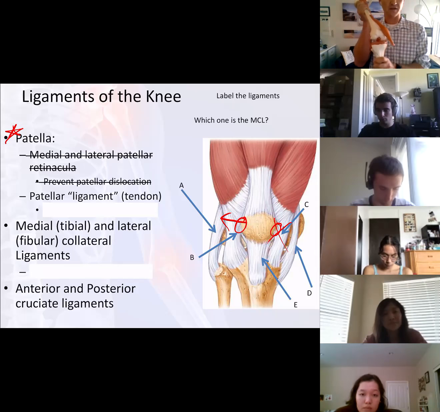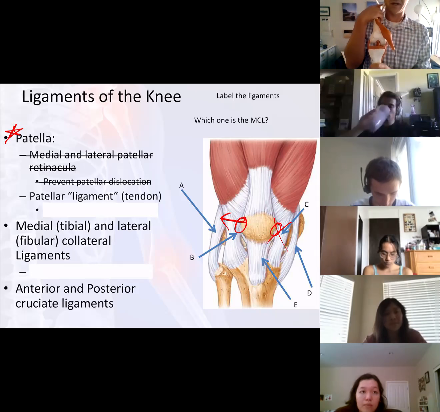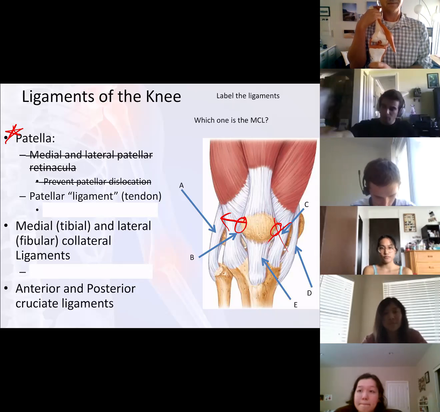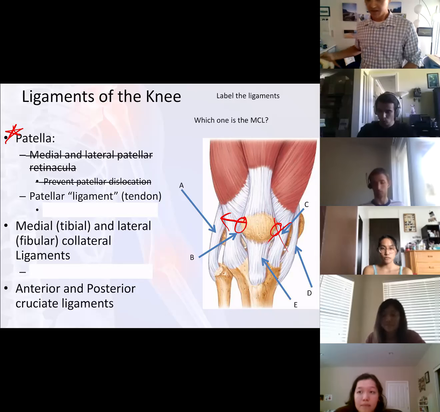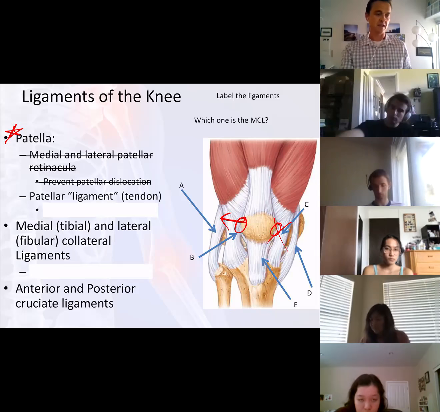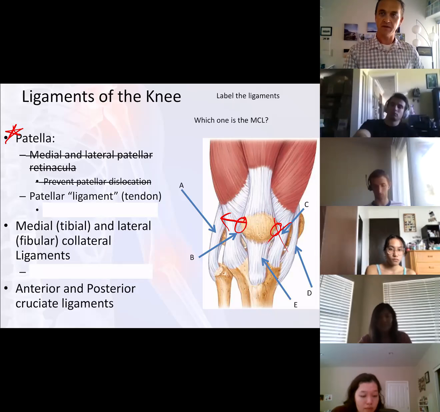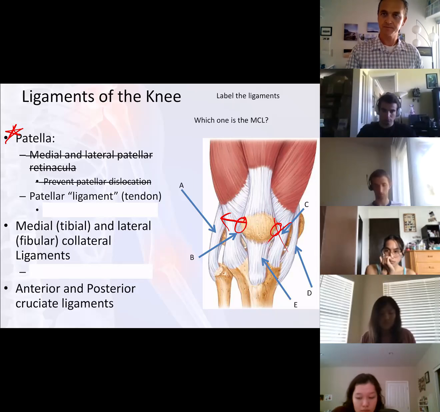Okay, any questions on that knee while I've got the model here that I could help with, that I could point out anything? Okay, so why don't you guys on your clicker app send in the answer to that question on the letters, which would just be which one of those is the MCL.